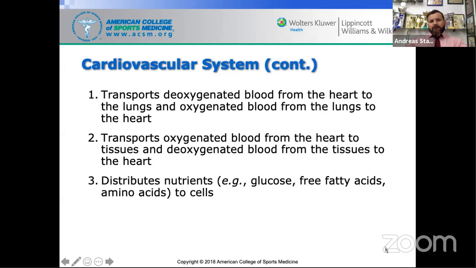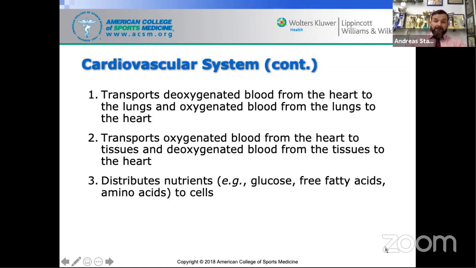So what does the cardiovascular system do? As you can see, we have oxygenated blood and deoxygenated blood. The deoxygenated blood goes to the lungs, and then the oxygenated blood goes from the lungs to the heart. That alone is called pulmonary circulation.